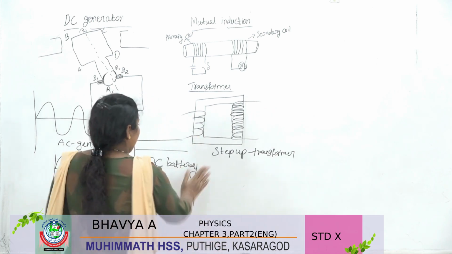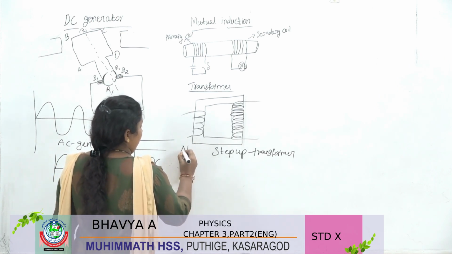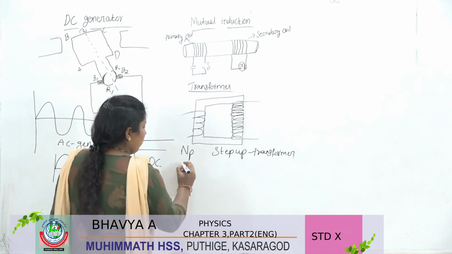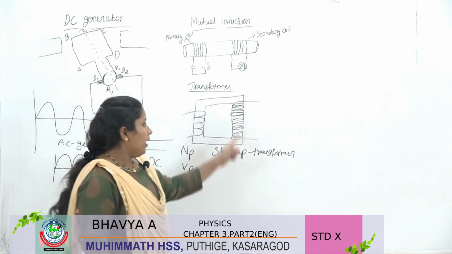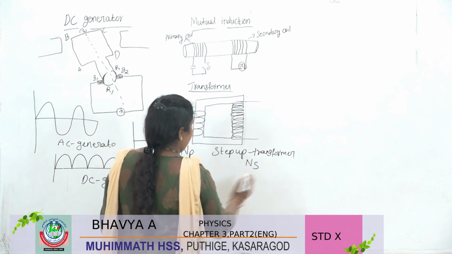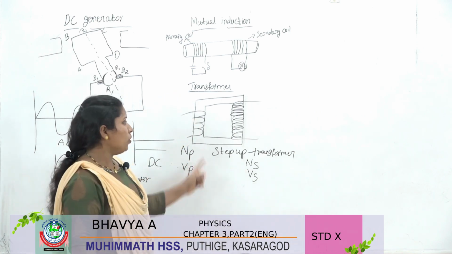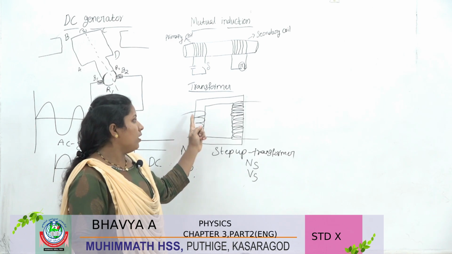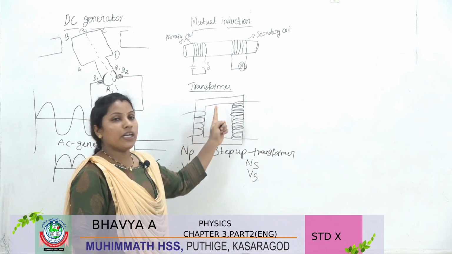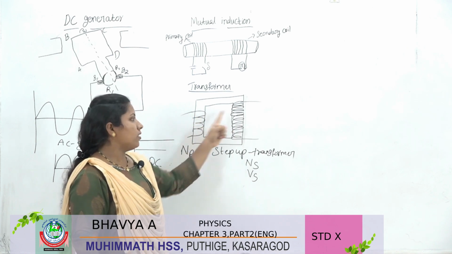We can represent the number of turns in the primary as NP, and the voltage as VP. Next, in the secondary coil, the number of turns we represent as NS and the voltage as VS. The induced EMF for each turn in both primary and secondary is equal.